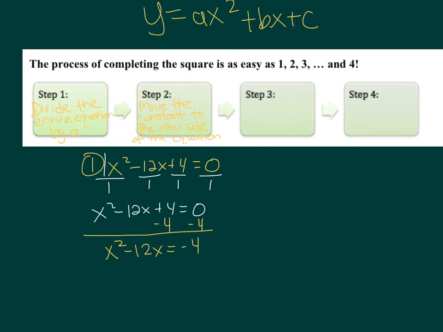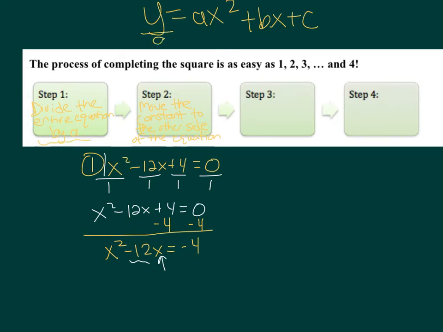So step 3 is we need to figure out what we want now as a constant here, so that we have a perfect square trinomial that'll factor into a binomial squared. So we're going to use that process we just practiced in the guided practice problems. And normally we would always just take this b value, divide it by 2, and square it. We have to keep in mind though that we've divided by the a value from the first step.